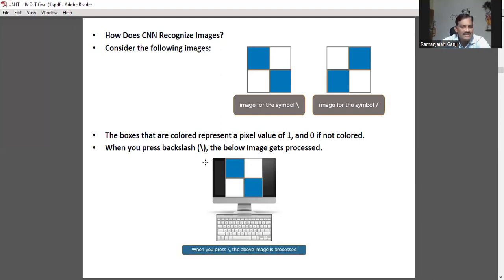When you press backslash, the below image gets processed. Whenever you press a backslash, immediately this particular component, if we consider boxes 1, 2, 3, 4, then 1 and 4 will be activated.